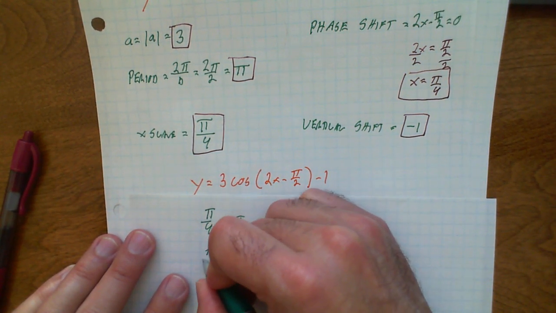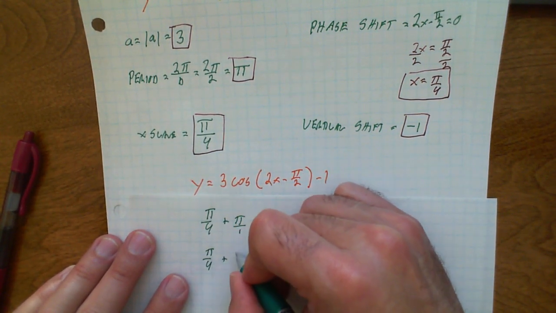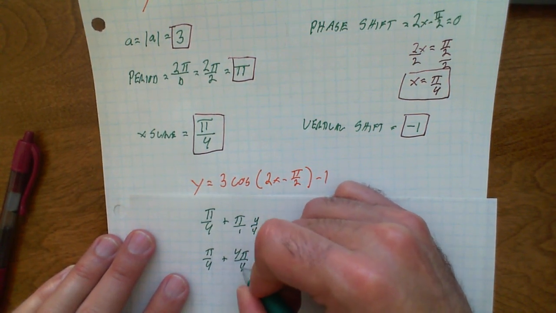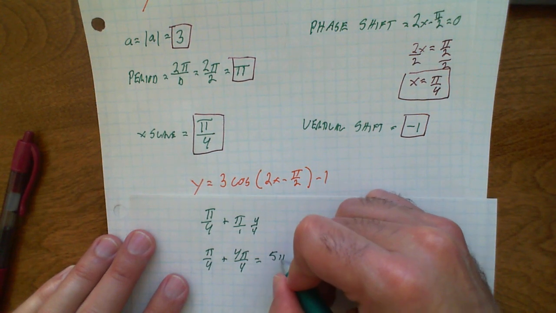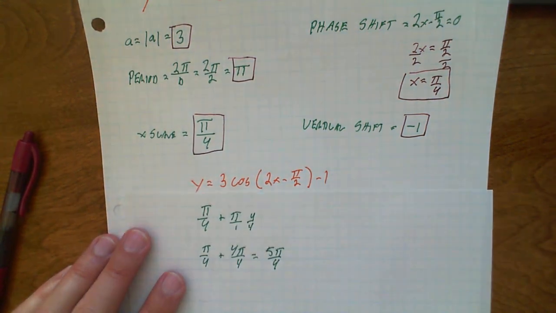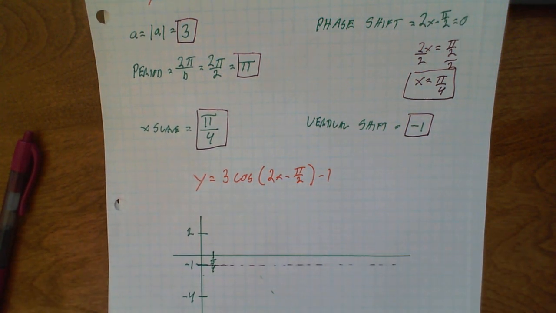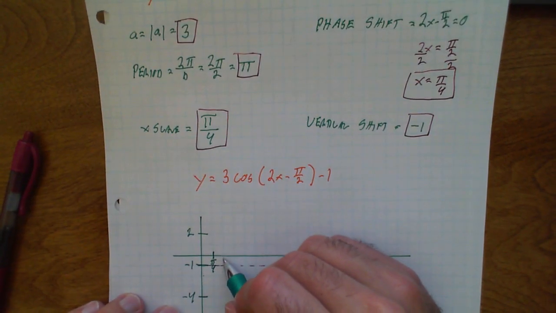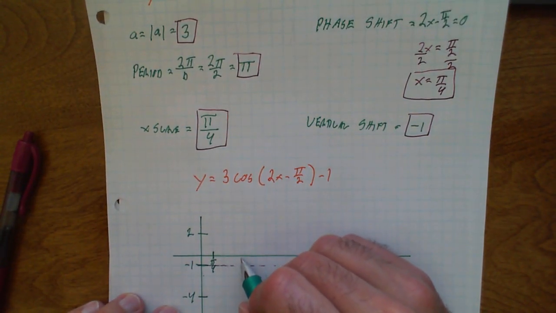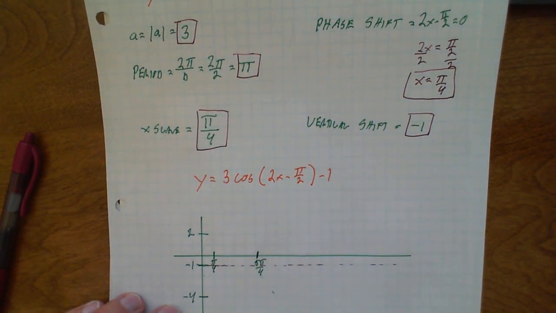We need a common denominator. Multiply top and bottom by 4, plus 4 pi over 4, which means pi plus 4 pi over 4 would be 5 pi over 4. Okay, so that's where it's going to end, at 5 pi over 4. So that means, if these are pi over 4, 2 pi over 4, 3 pi over 4, 4 pi over 4, 5 pi over 4, it'll end right there. Okay, 5 pi over 4.